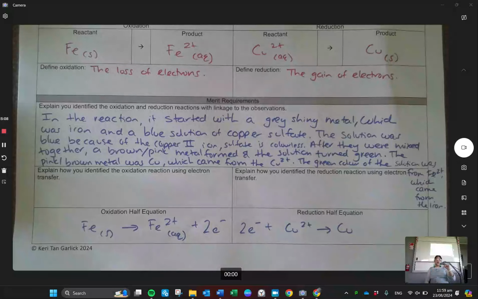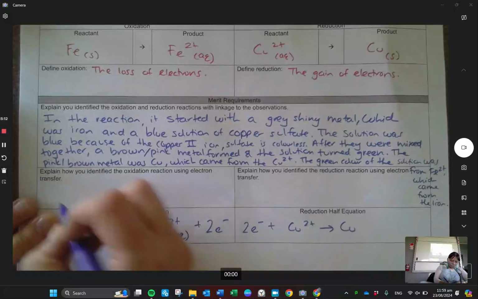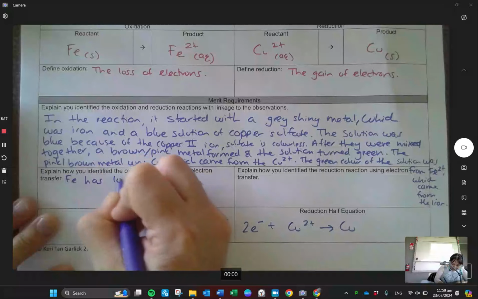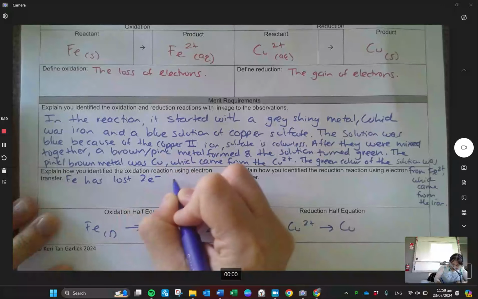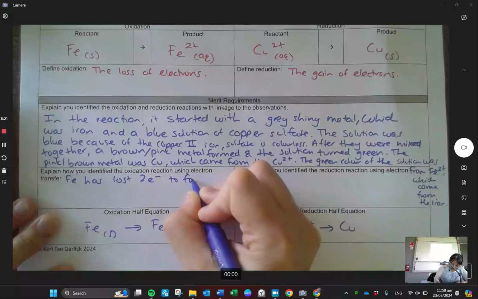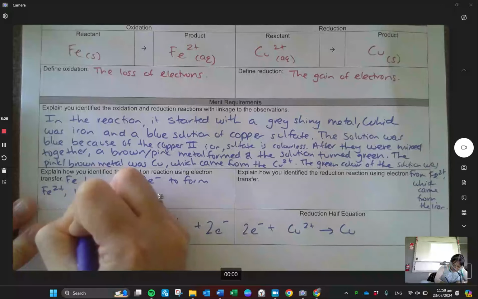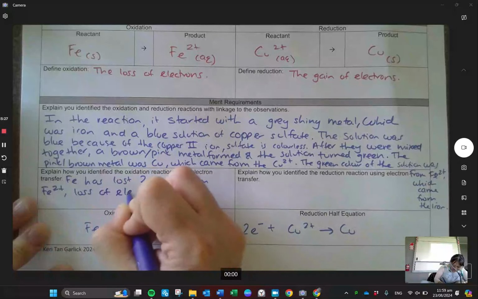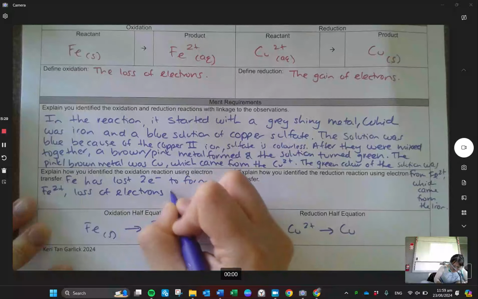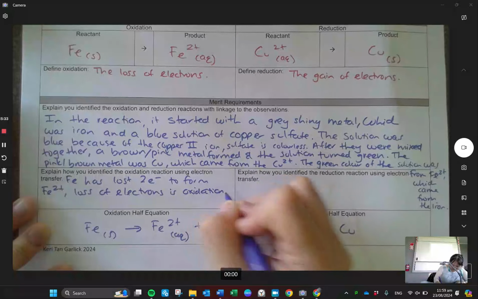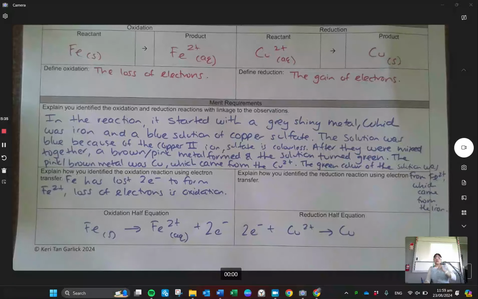Since it's loss of electrons, it is therefore oxidation. And then in the reduction reaction, we have the copper 2 ion.